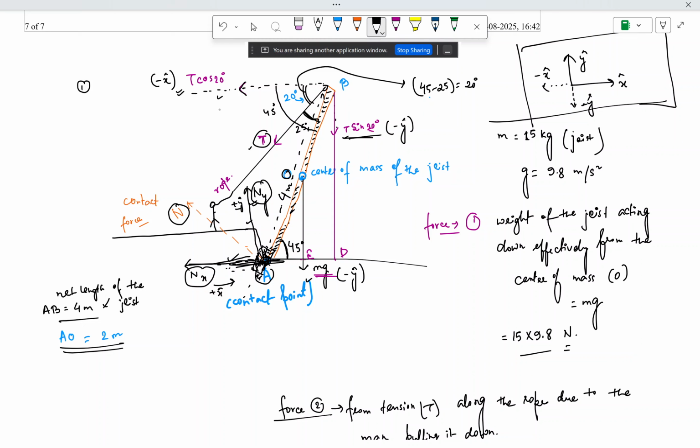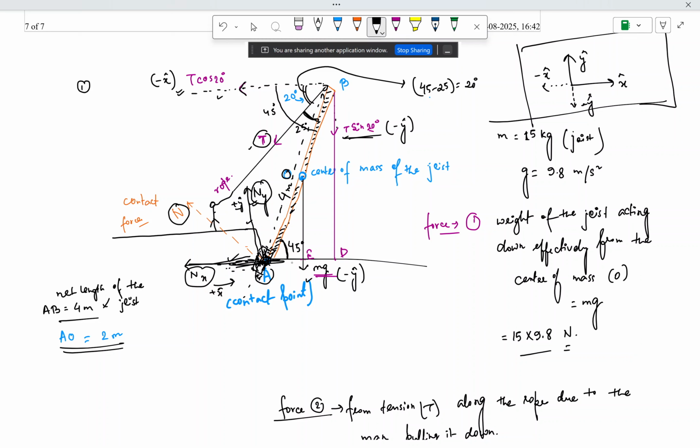Now let us try one by one. Let's say for this force mg y cap, right? mg y cap is acting vertically downwards, and this is at some distance. Because this force is exactly in the y cap direction, and because a cross product is involved, which gives you sine theta, where theta is the angle between the r and F vectors, for the sine theta component to be non-zero, theta has to be 90 degrees.